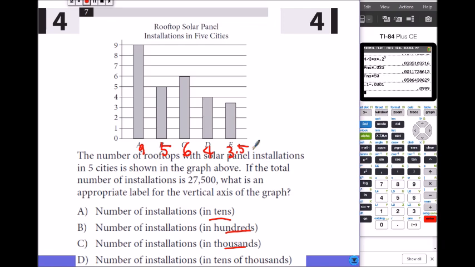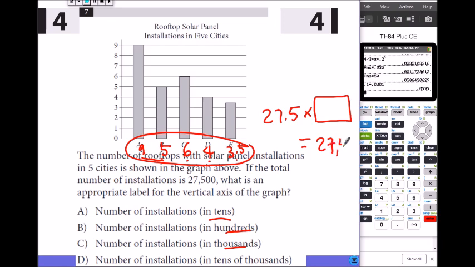So when you add these, 9 plus 5 is 14, plus 6 is 20, 20 plus 4 is 24, plus 3.5 is 27.5. But what do you have to multiply to get 27,500? So you're moving how many zeros from here? 1, 2, 3. So that means you have to multiply by 3 zeros, which is in thousands. So your answer is C.